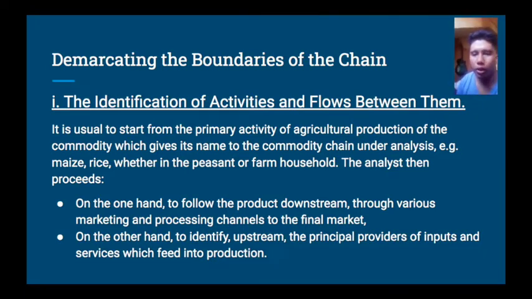The analyst then proceeds, on the one hand, to follow the product downstream through various marketing and processing channels to the final market, adding value to the product. On the other hand, to identify the upstream or principal providers of inputs and services which feed into the production. This is the input side of the organization of the chain.